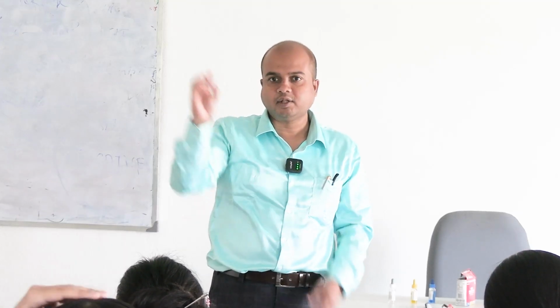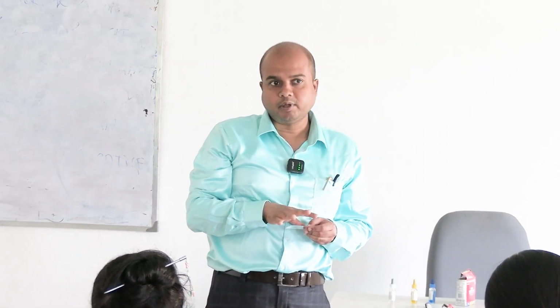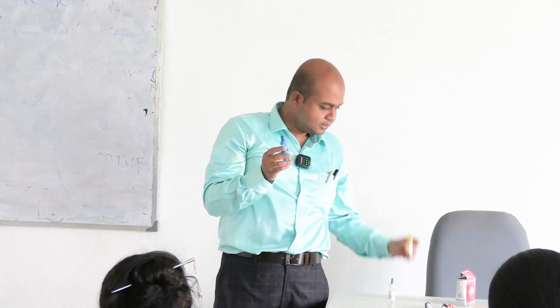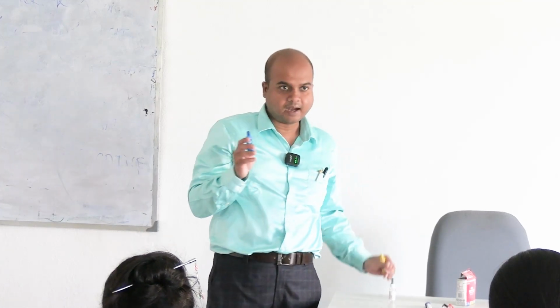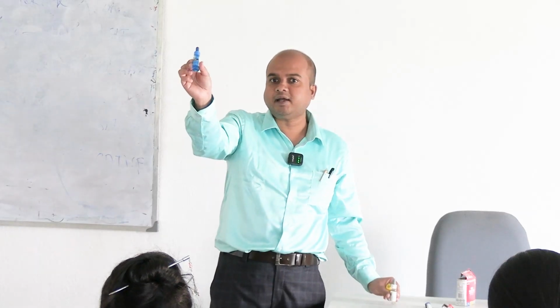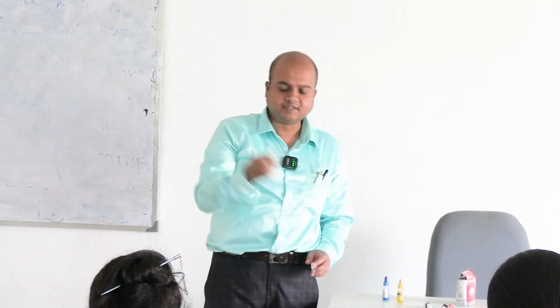For beginners, we can do it on separate slides, but this is sufficient. These are called antisera; the plural of antiserum is antisera. This one is labeled anti-A, and these have particular colors: anti-A is blue colored, anti-B is yellow colored, anti-D is grey colored.